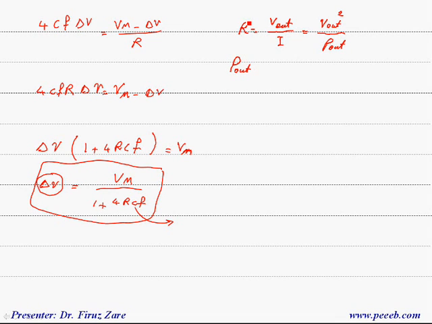So here we can find the resistance value, and then in this equation suppose that the grid frequency is 50 Hertz.